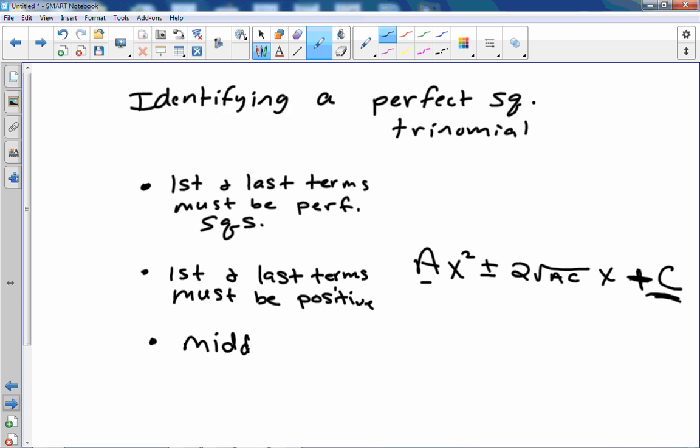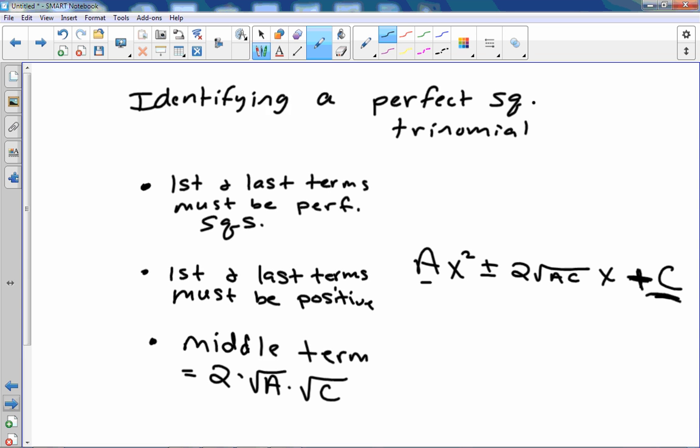So the middle term has to equal 2 times the square root of the a term, since it's a perfect square, that's going to be a nice number, times the square root of the last term. That looks really confusing, but when we put the numbers behind this and write the numbers down, I think you're really going to see that.